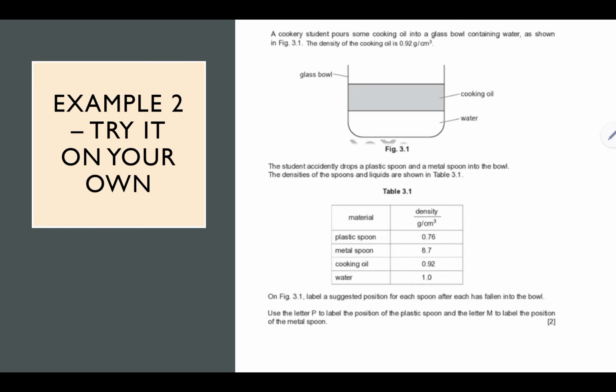So it's going to sink even below the level of water. The plastic spoon has a density of 0.76, which is lighter than both. So it will be floating on top of the cooking oil. So P on top of the liquid surface and M on the bottom of the bowl.